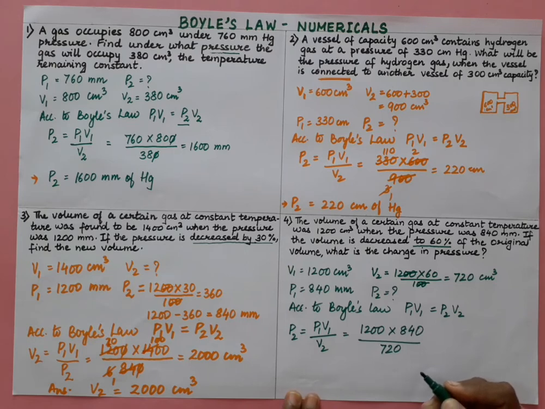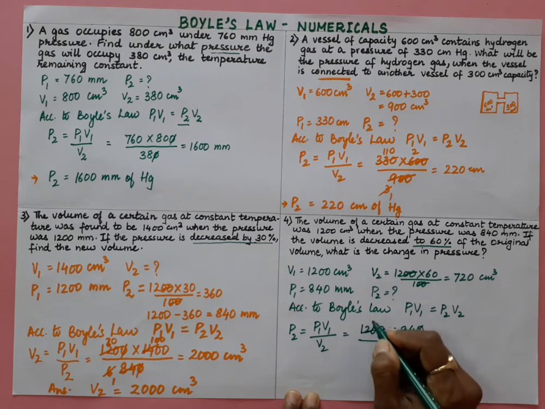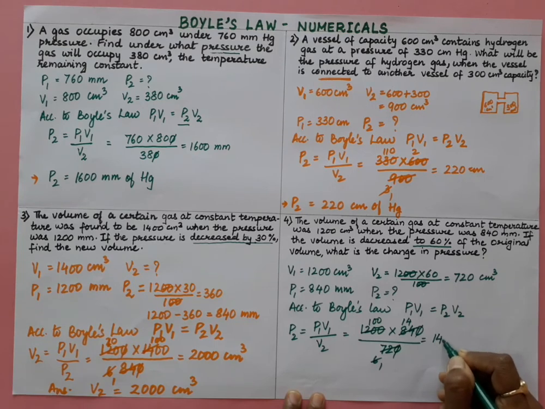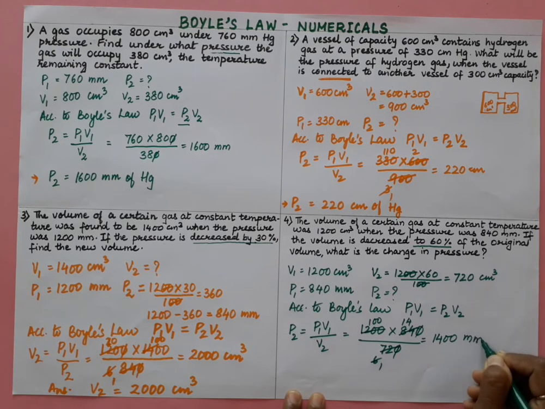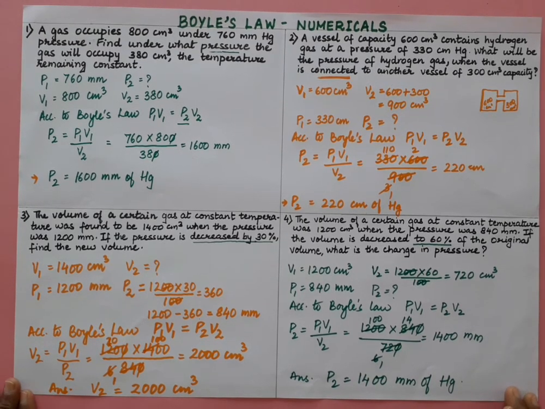So when you do this, let us calculate here, 0 0 is cancelled, so 12 here, and 6 times, and here 6 is... 14. So you are getting 1400 mm pressure. So your answer is P2 is equal to 1400 mm of Hg. So this is how it is to be calculated. Okay students, thank you.